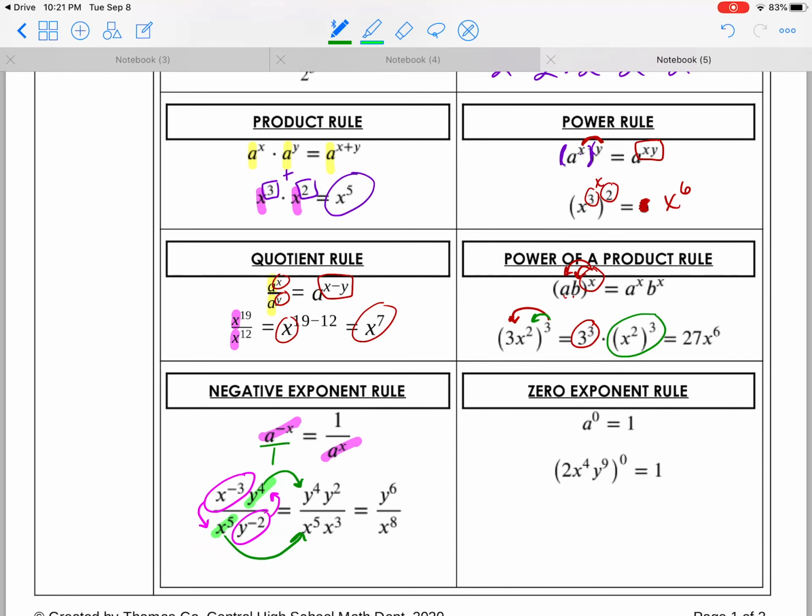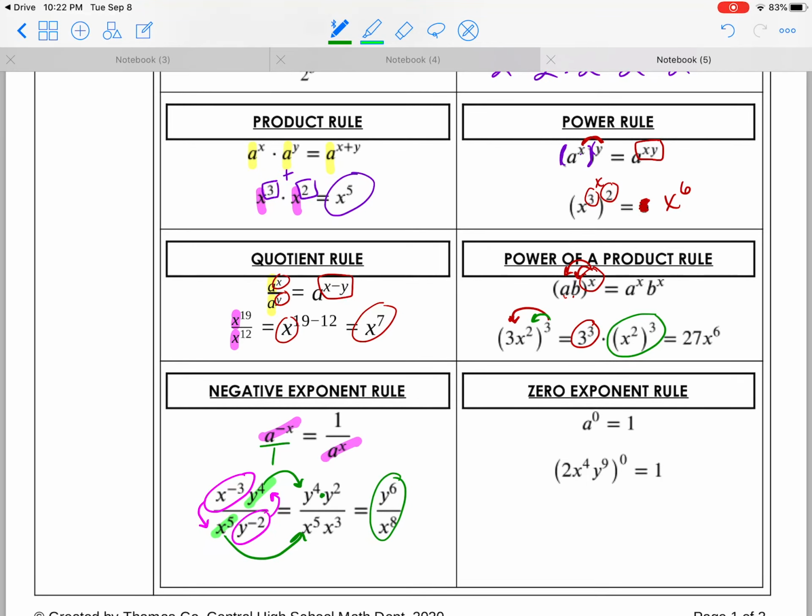And then if we look on top, I am multiplying these. They have the same base. Both of them have y's as their bases. So I'm going to use that product rule, which tells me to add the exponents. So I'm going to get y to the 6. And then on the bottom, I have the same base of x, so I can add those, and I get x to the 8th. And then that is our answer.